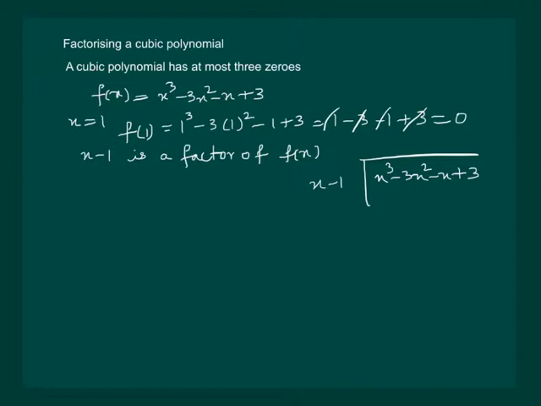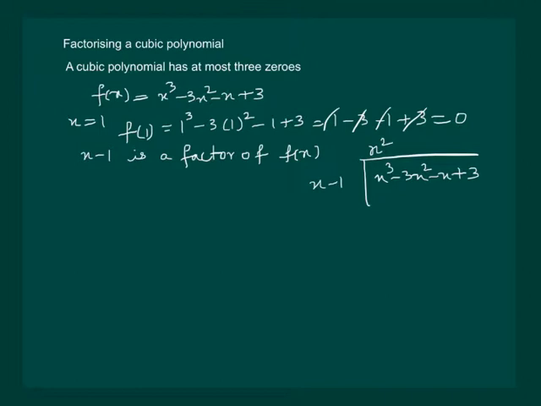by x minus 1, and we have learned this process in class 9th. You can go through the videos, or we will quickly revise here. We want to get x cube, so let us multiply by x square.